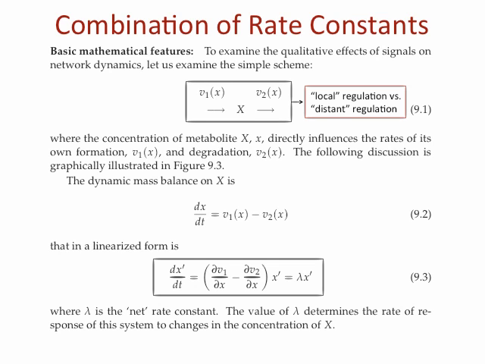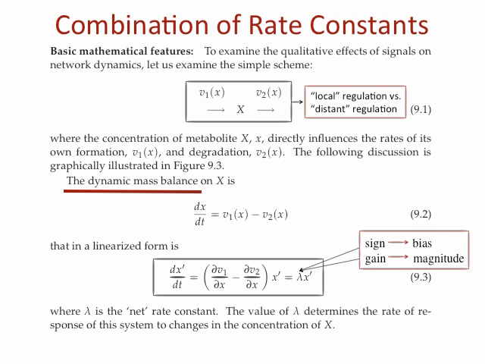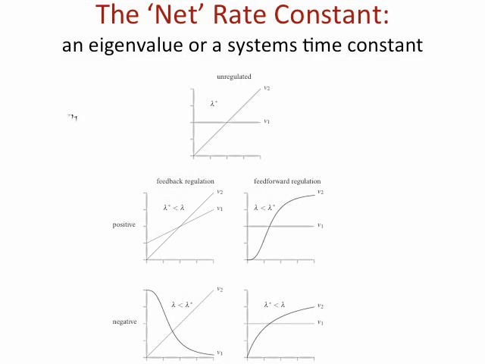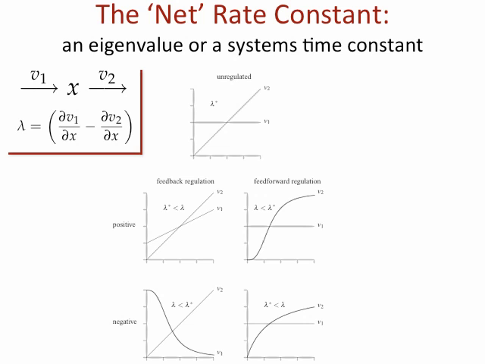So we have a situation here where the regulation is local. We have a dynamic mass balance. We have this eigenvalue. The sign on the eigenvalue is the bias, whether we're going up or down. And the gain is the magnitude of lambda. Let's look at this graphically.